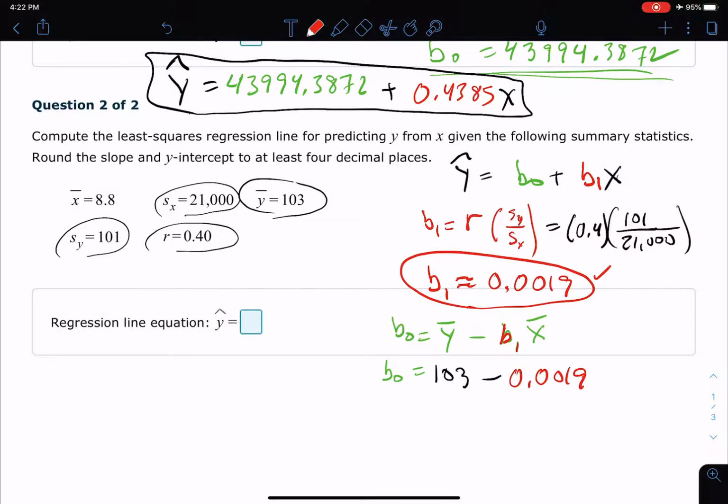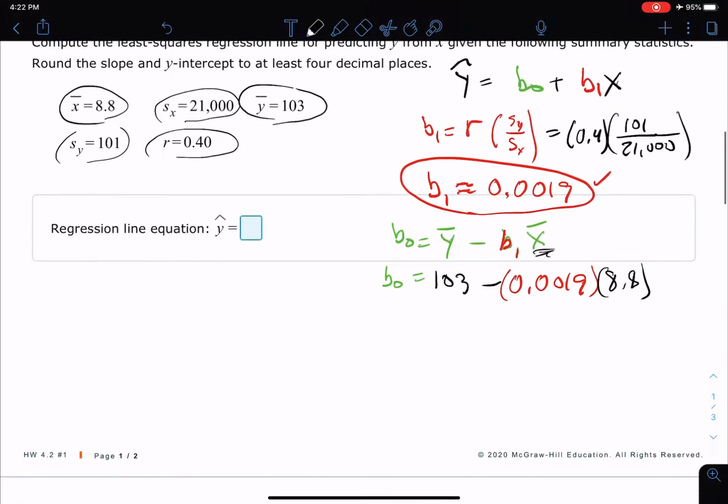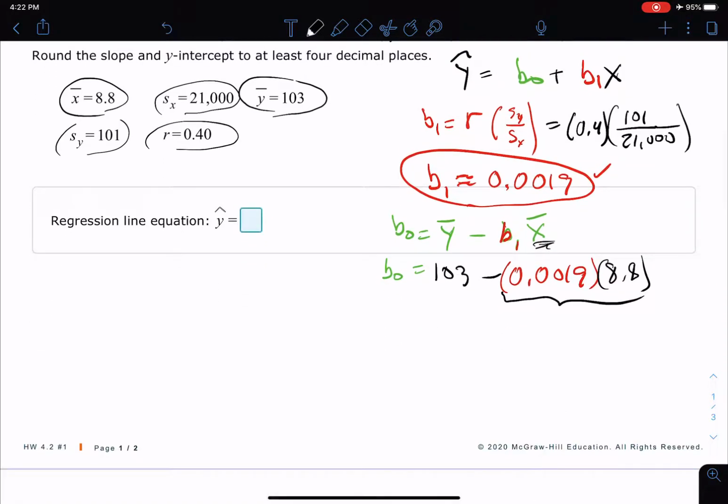That gets multiplied by x bar, which is 8.8. So we do the multiplication, 0.0019 times 8.8, and we get 0.0167. And when we do that subtraction problem, we get our b sub 0. B sub 0 is 102.9833.